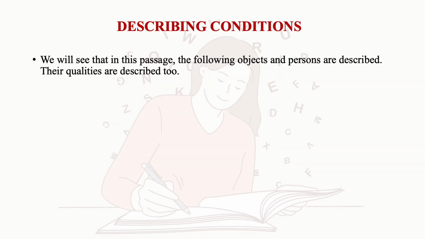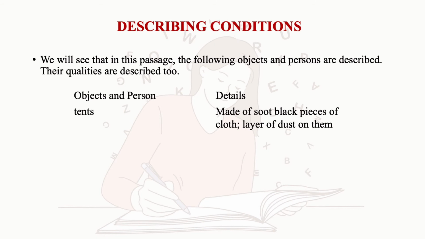We will see that in this passage, the following objects and persons are described. Their qualities are described too. The objects and persons who are described are: number 1, tents. For tents, the details are made of soot black pieces of cloth, layer of dust on them. Number 2, water.